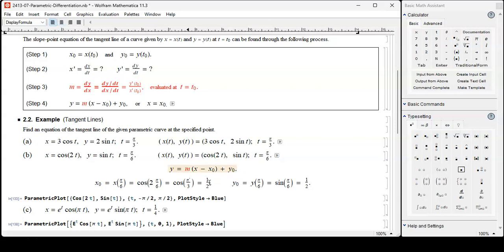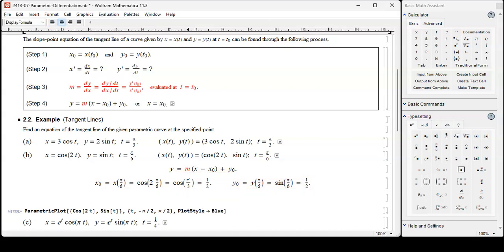Okay, alright. X naught done, y naught done. Let's go to the slope. Slope formula is y prime over x prime, so let's find the derivatives. X prime will have cosine functions, so negative sign. Inside never changes, and by chain rule, we have to multiply the derivative of the inside.